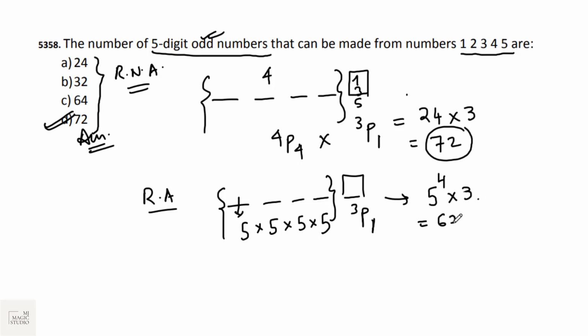That is 625 into 3, 1875. But 1875 is a large number as compared to 24, 32, 64 and 72. Here automatically we have assumed that repetition is not allowed. Option D is the pick.